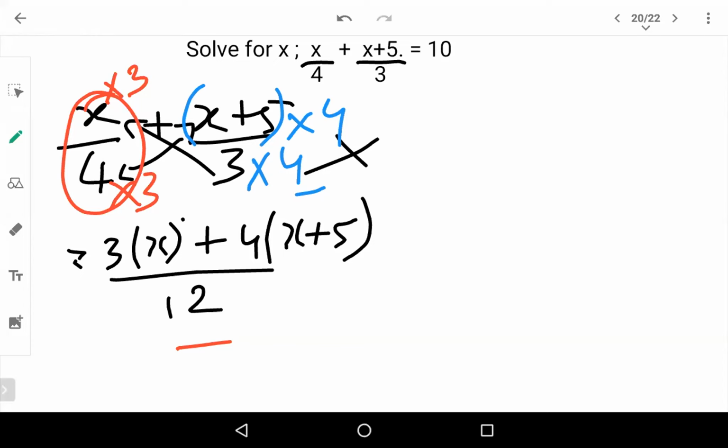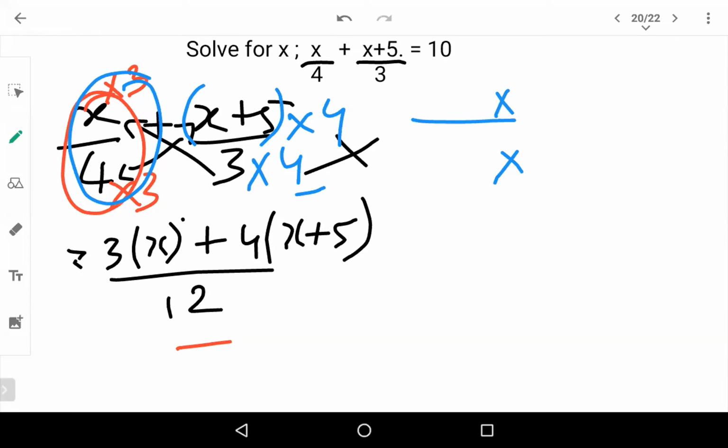Whatever you multiply to the denominator should also be multiplied to the numerator. So that is why we multiply into 3 and into 3 to the first expression, and into 4 and into 4 to the second expression. Understood? Understood until here?